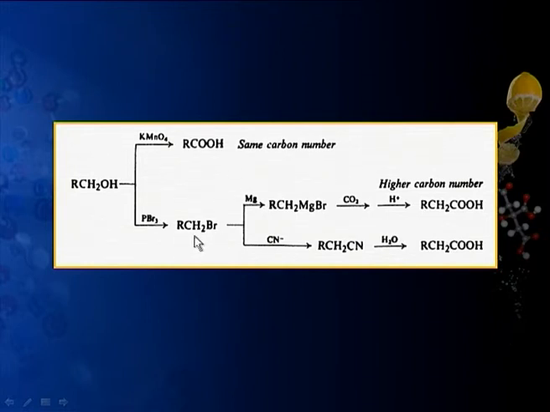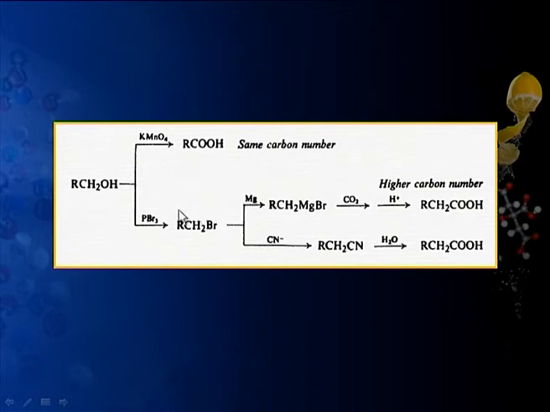This alkyl halide has the same carbon atoms as the starting alcohol. Then if this alkyl halide is treated with magnesium, we will get the Grignard reagent, and when this Grignard reagent is added to carbon dioxide, we will get a carboxylic acid with one more carbon than the starting alcohol.